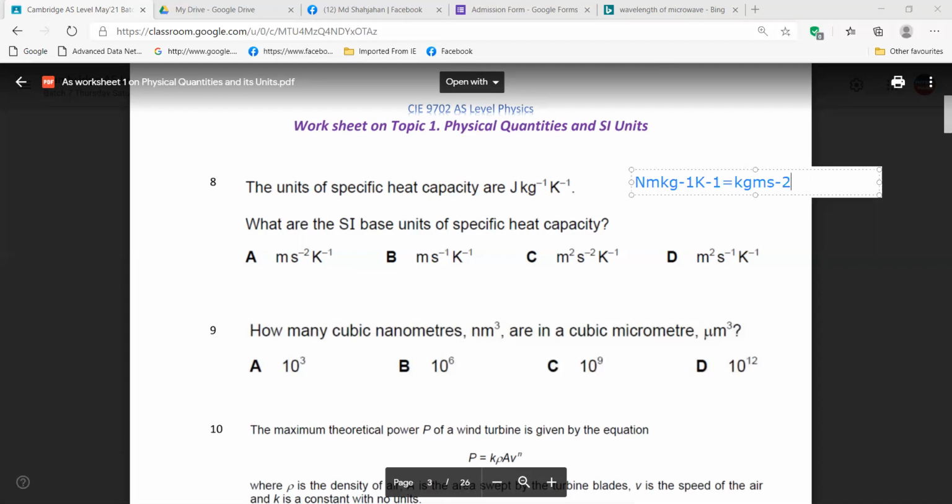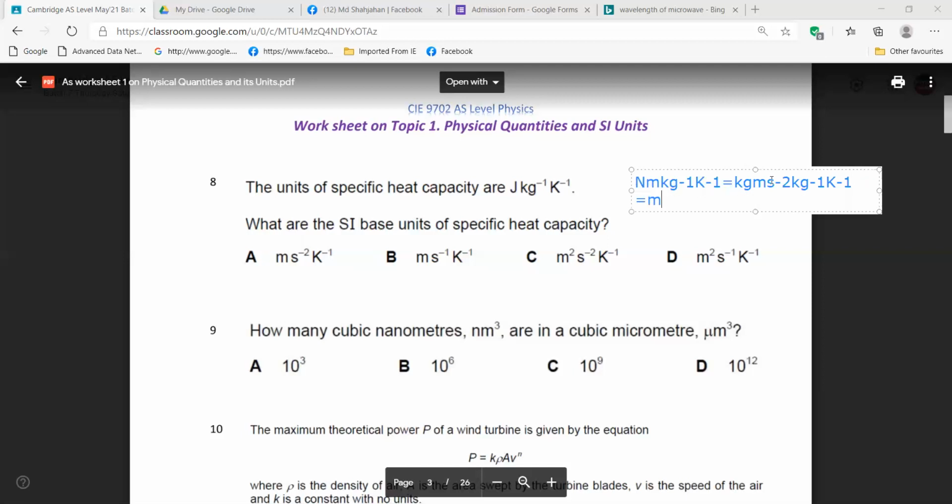Then we have kg minus 1, then Kelvin minus 1. Now kg will be cut, right? Kg we can cancel. Then we have left meter per second square per Kelvin.